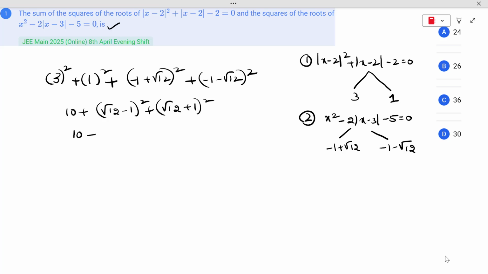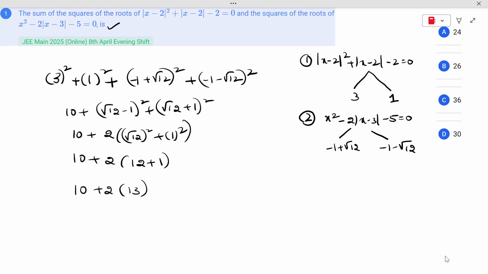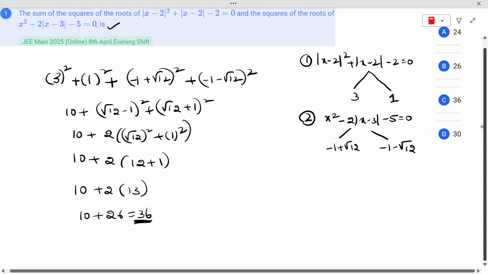So that is 10 plus 2 times root 12 whole square plus 1 whole square. That is 10 plus 2 times 12 plus 1, which is 13. So 10 plus 26, which is 36. So 36, which is option C, is the correct answer.